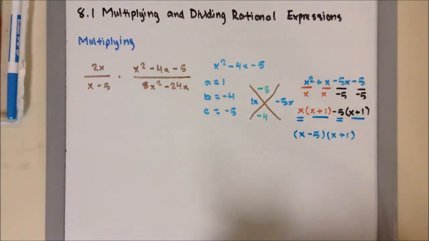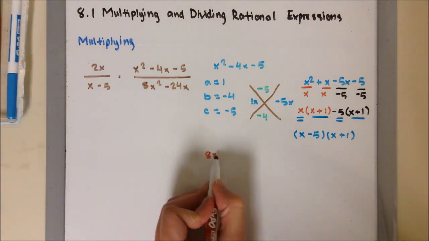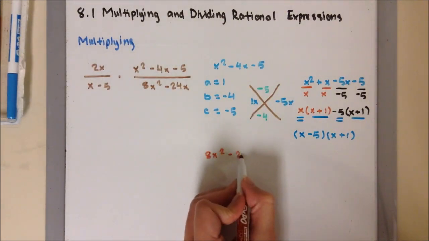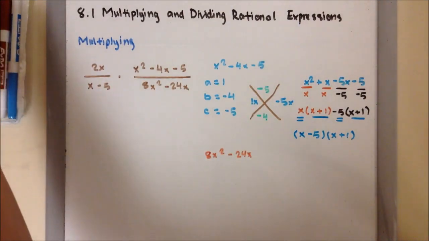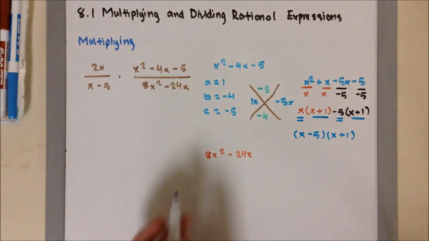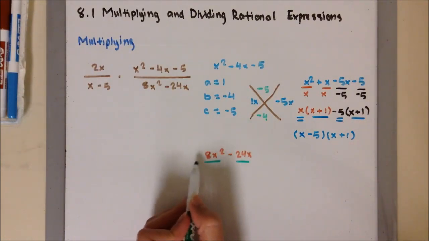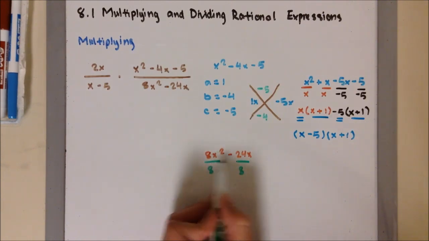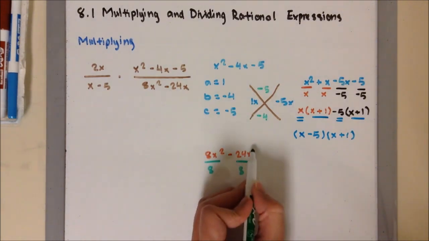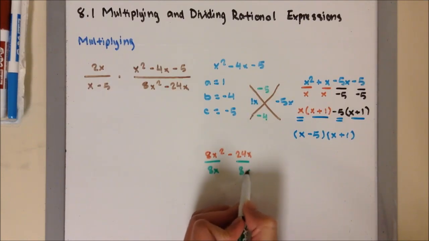Now let's talk about the denominator, which is 8x squared minus 24x. Here we're just going to be looking at the GCF because it's two terms. What's in common between these two is 8. In addition, they both have x, and the lowest one is x to the 1 power, so I'm going to include x in my GCF.